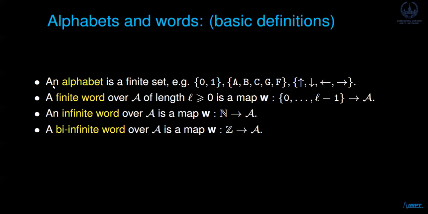For example, we might use the binary alphabet 0 and 1, or a set of letters such as capital A, B, C, G, and F, or even symbols representing directions like up, down, left, and right.